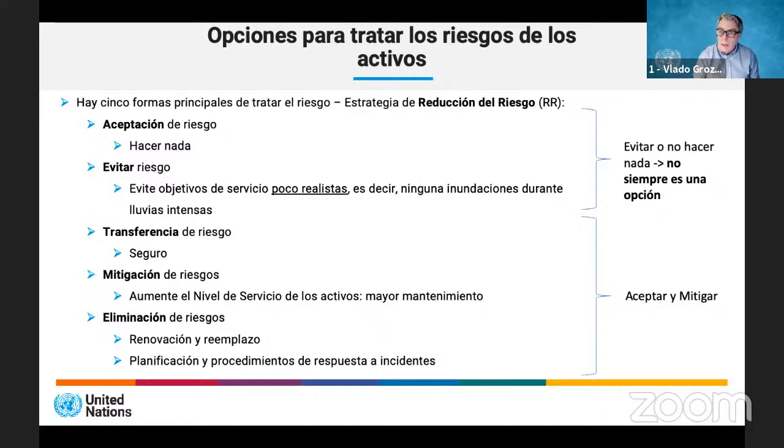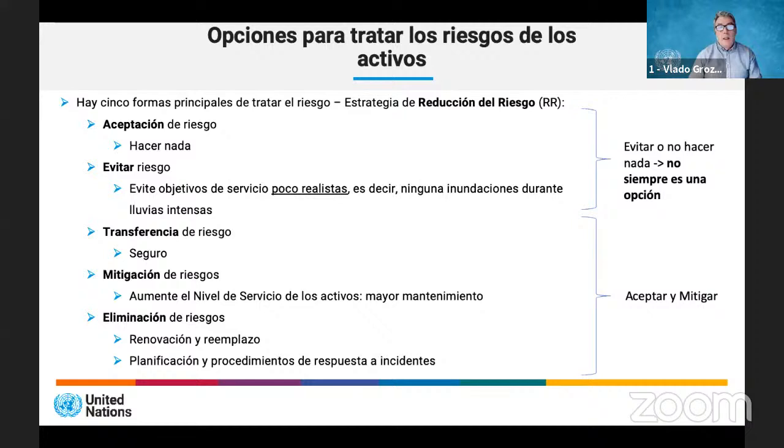We have to accept and mitigate risk always, either through the insurance. Our municipal infrastructure must be insured and should be insured in case of failure of our assets or other external exposure of the hazards.